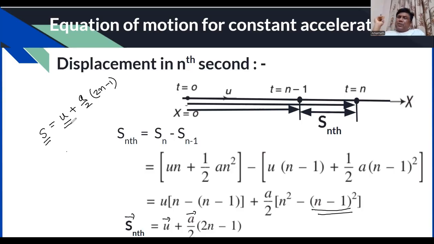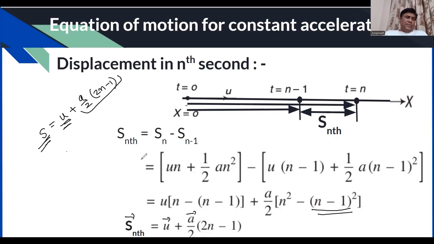According to dimensional analysis, all the terms must have the same dimension. Then only the equation will be correct. But here it seems to be dimensionally wrong.